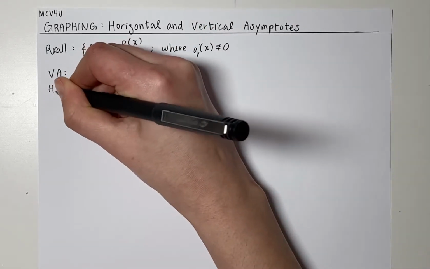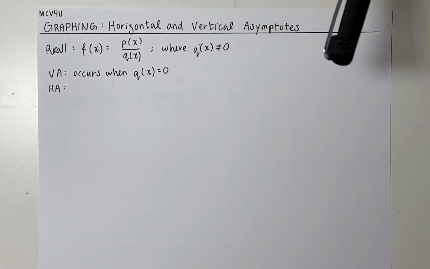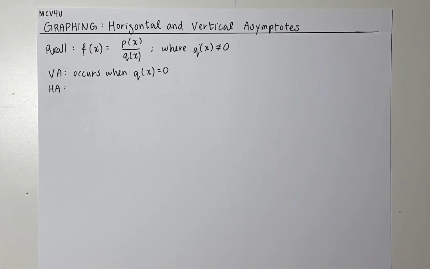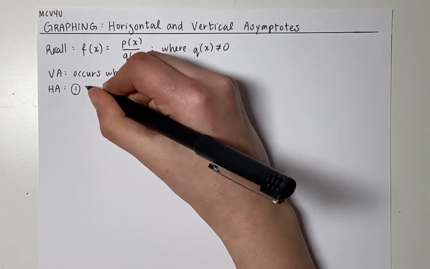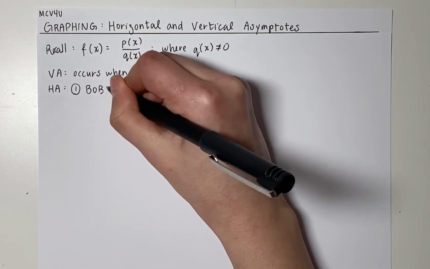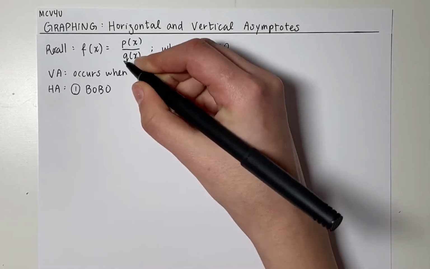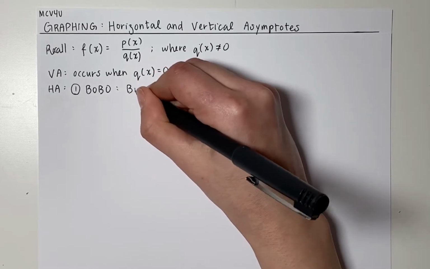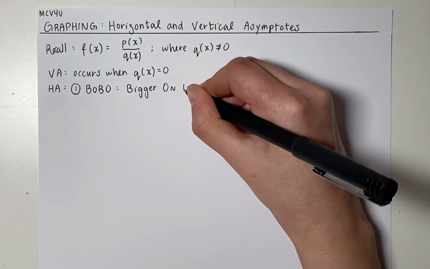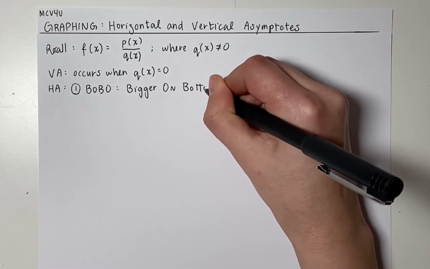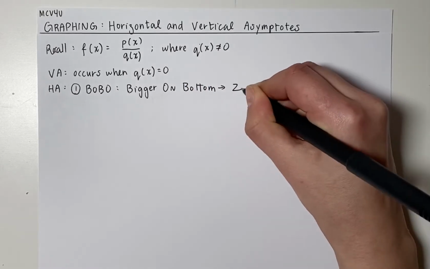And for a horizontal asymptote, I like to use an acronym that I recently learned. So one, it's what I call BOBO. I know it sounds a little funny. Bigger on bottom, 0.